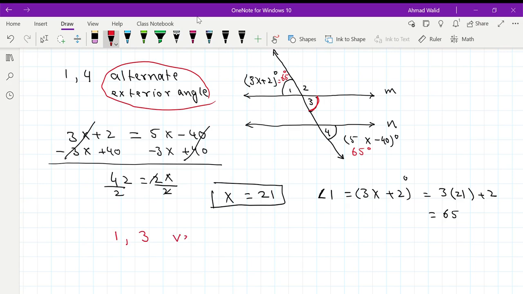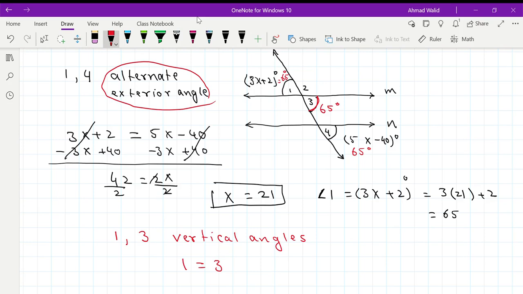Vertical angles, right? And because they are vertical, then 1 is equal to 3, correct? It means your angle 3 is also how much? 65 degrees.